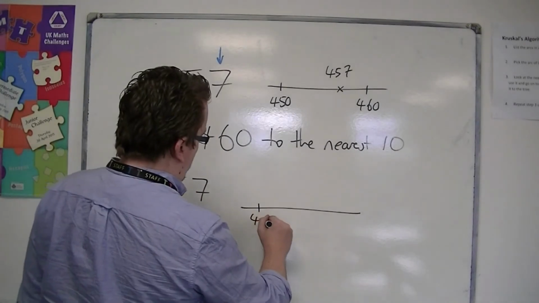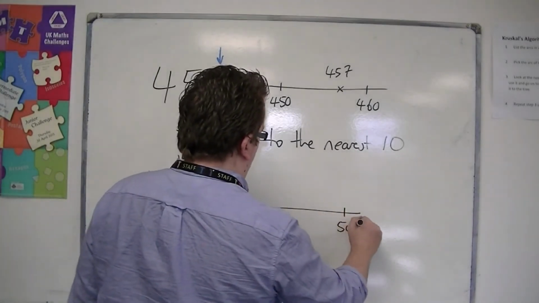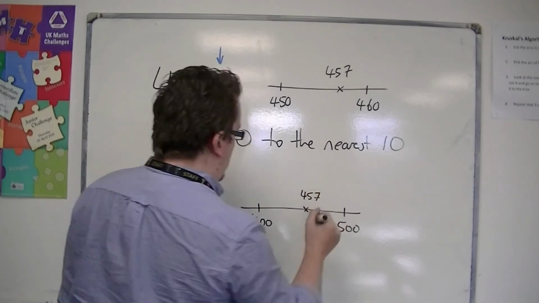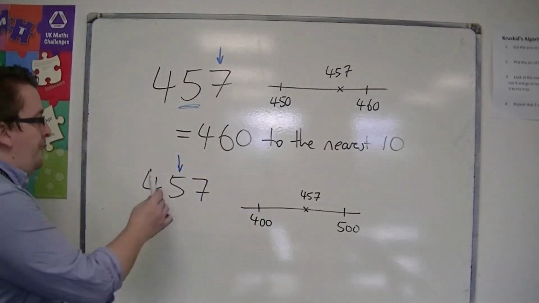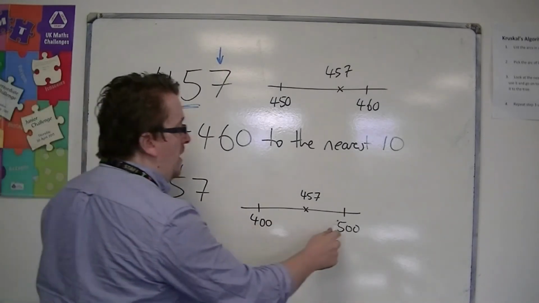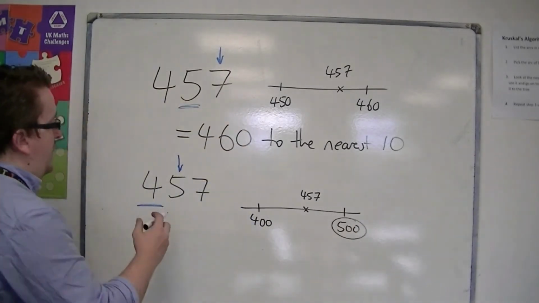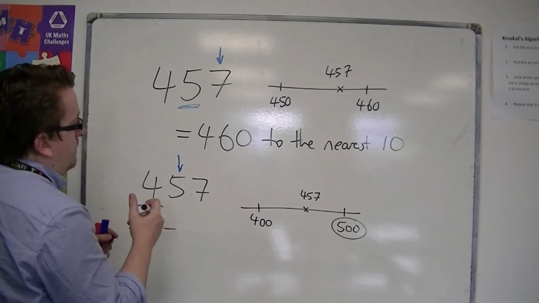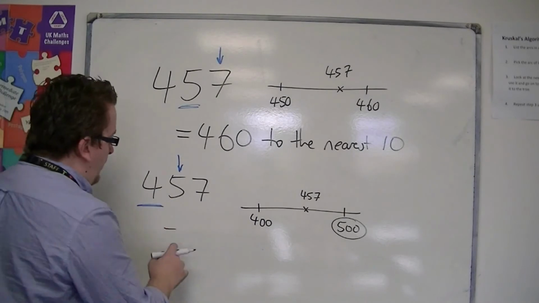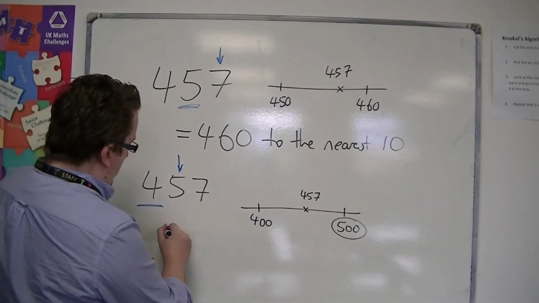So 400, 500. And 457 is very close to the middle. Now the 5, because it is 5 or more, tells us that we must round up. So to the nearest 100, we're at 500.